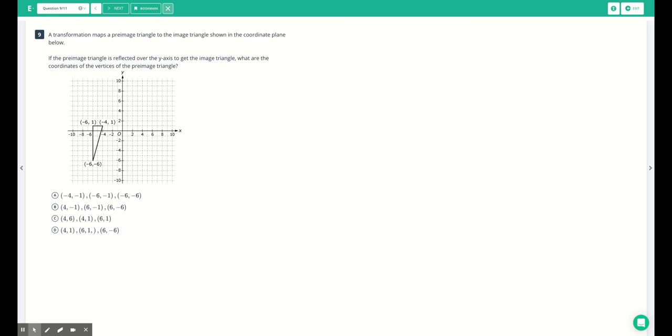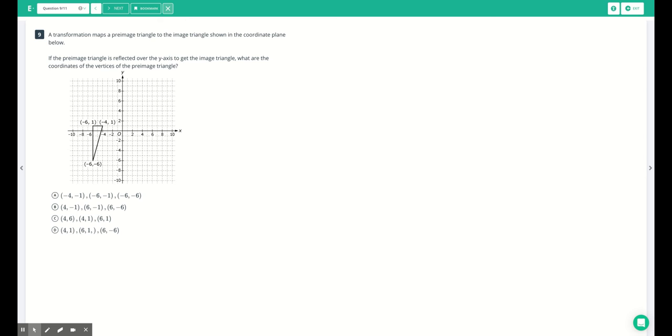I could look at each and every point. I'm going to start with negative 4, 1. It's going to be on the opposite side of y, so we're in the positive x, positive y zone, right here. Option D and option C are the only two that have the correct answer choice for that point, negative 4, 1.